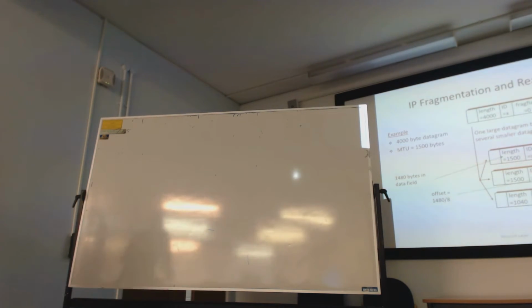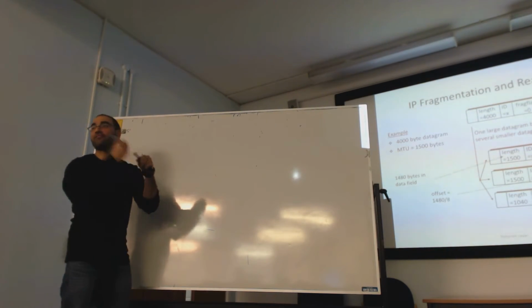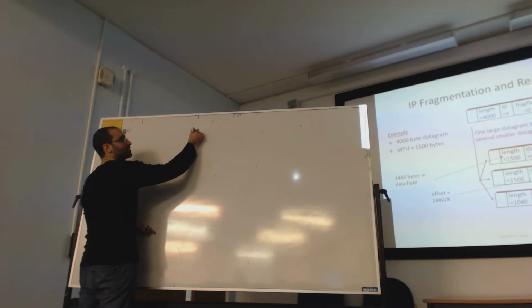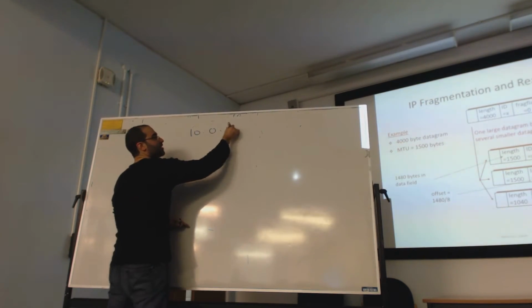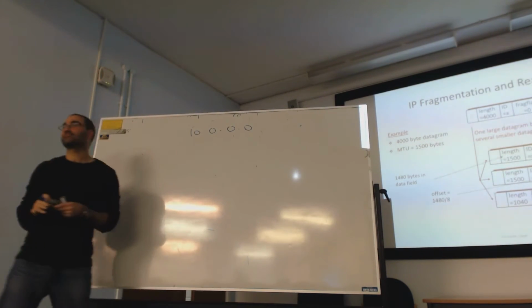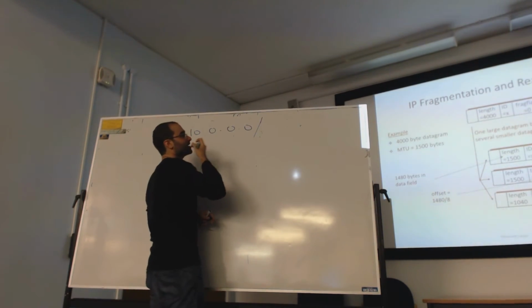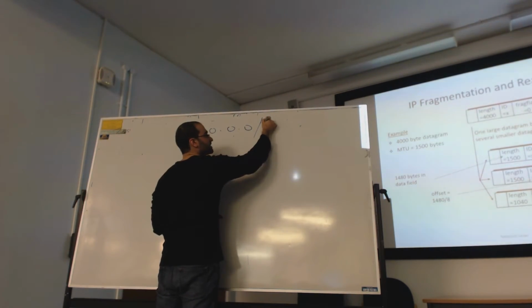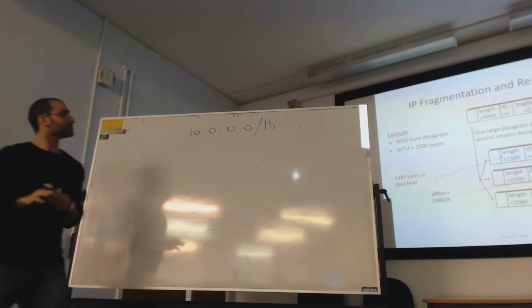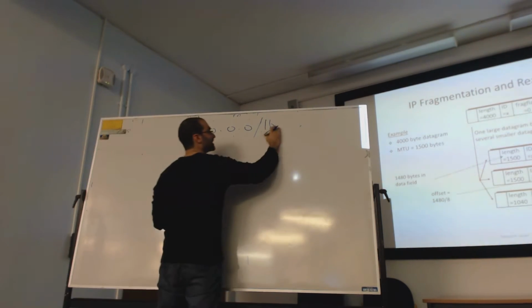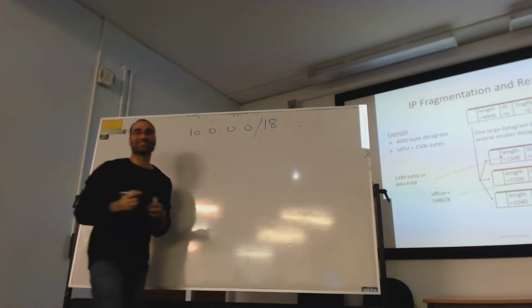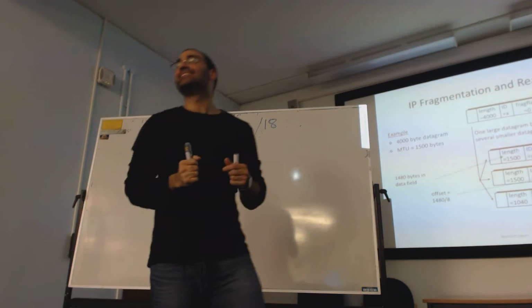Okay, so let's focus on this example. Let's take 10.0.0.0 with a mask of 18, not 16, because that would end up as class B. So 18.